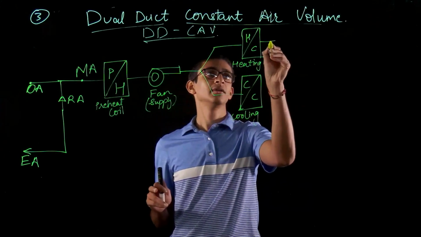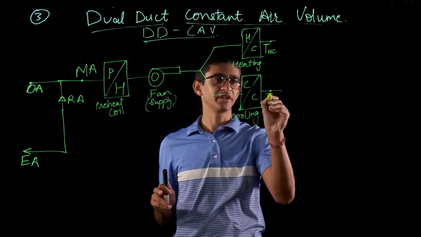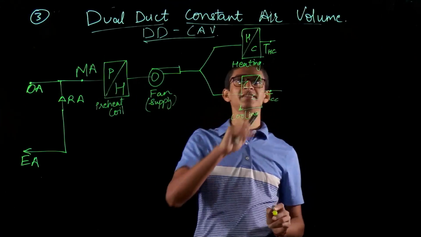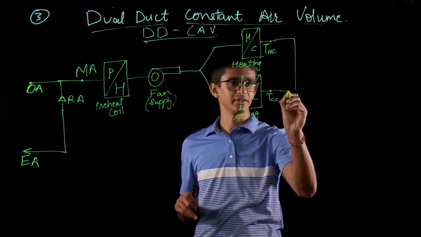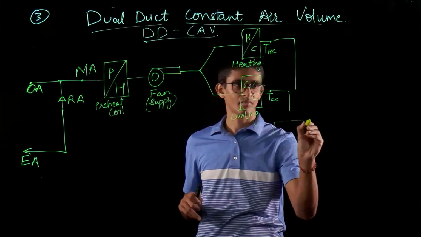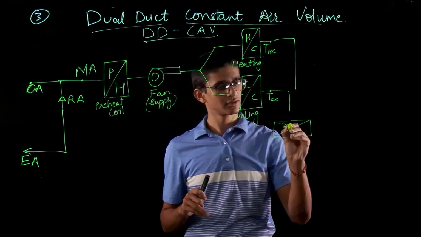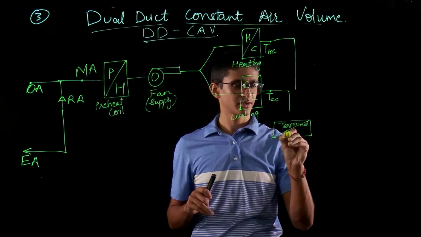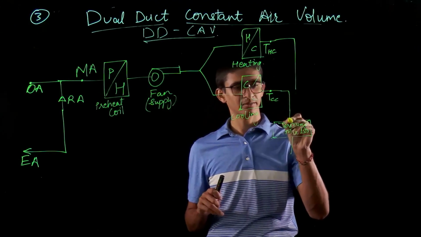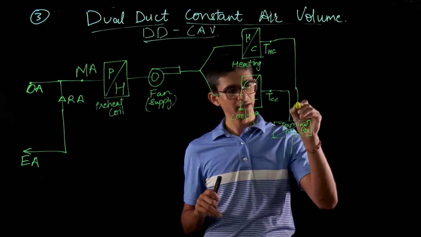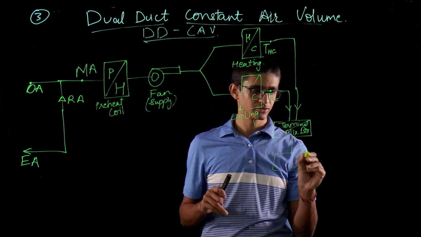The heating coil and the cooling coil have set point temperatures which are already fixed, which are TCC and THC, the cooling coil leaving temperature and the heating coil leaving temperature. We'll have a terminal box, or a mixture box, which will combine the cool air and hot air and supply it to the zone.